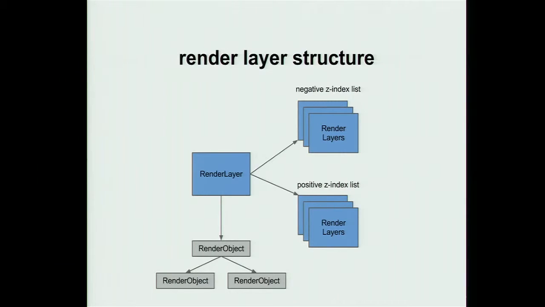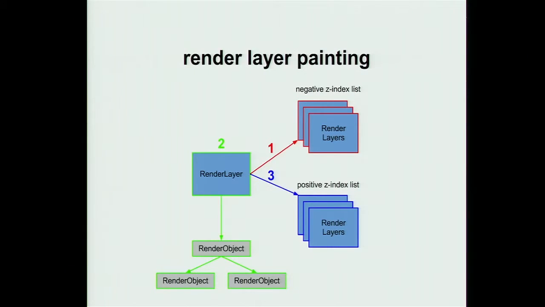This is so we can handle things like painting and hit testing. So in painting, we start with the negative z-index and we paint through that from the most negative towards 0. Then we paint ourselves and then we paint through the positive. We do the opposite for hit testing, because whatever is most positive is obviously closest to the front.